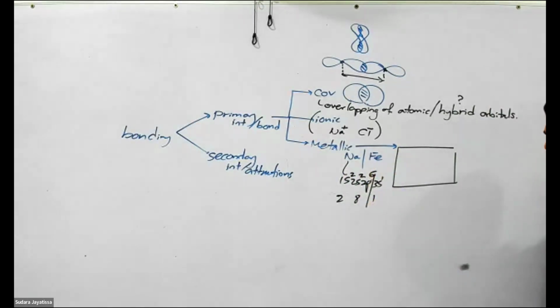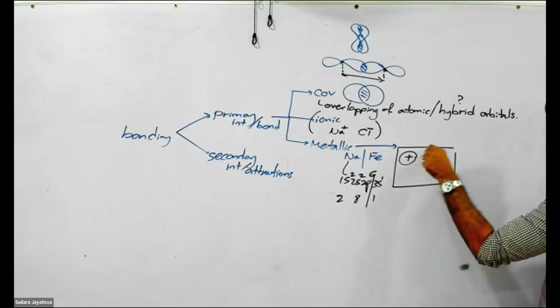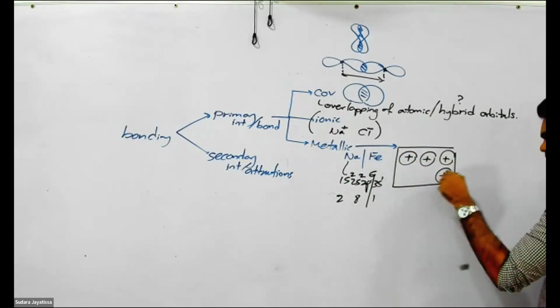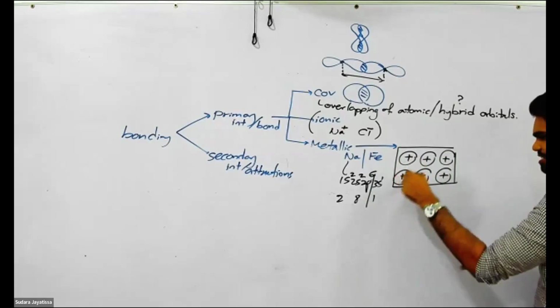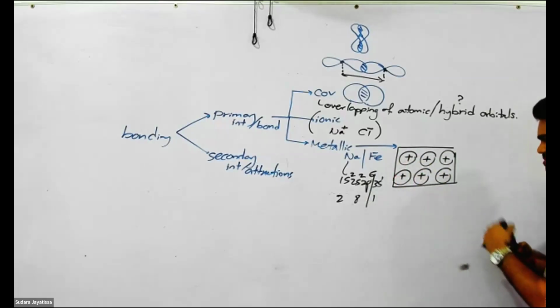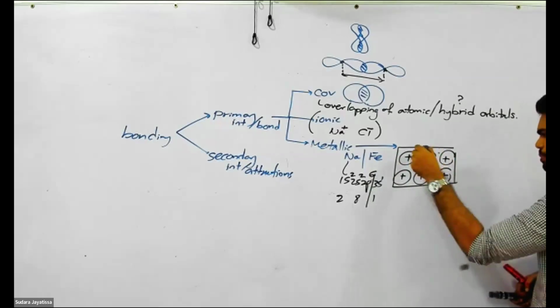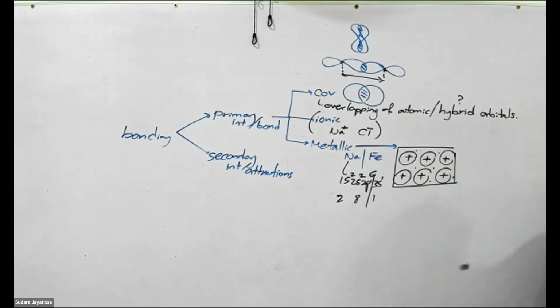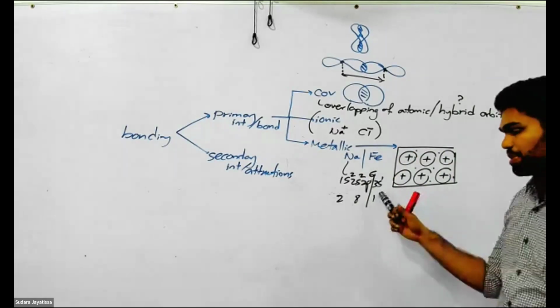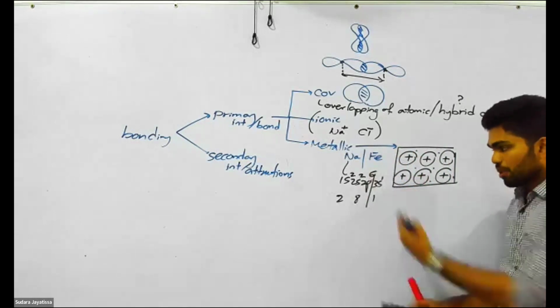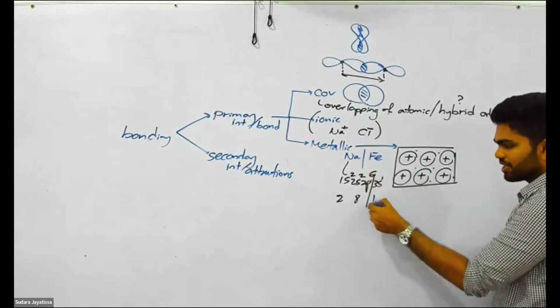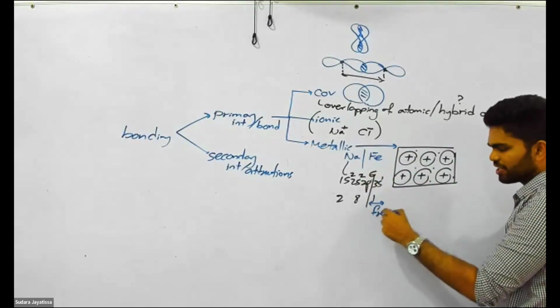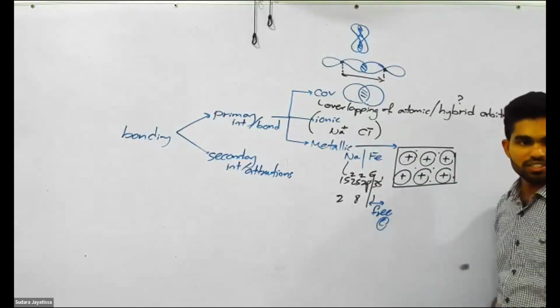And this one electron is loosely bound. So if you have a set of sodium atoms, they all release their single electron and they make a pool of electrons. If you have more electrons like that, let's say aluminum or iron, those electrons are gone as free electrons and make a bigger pool.